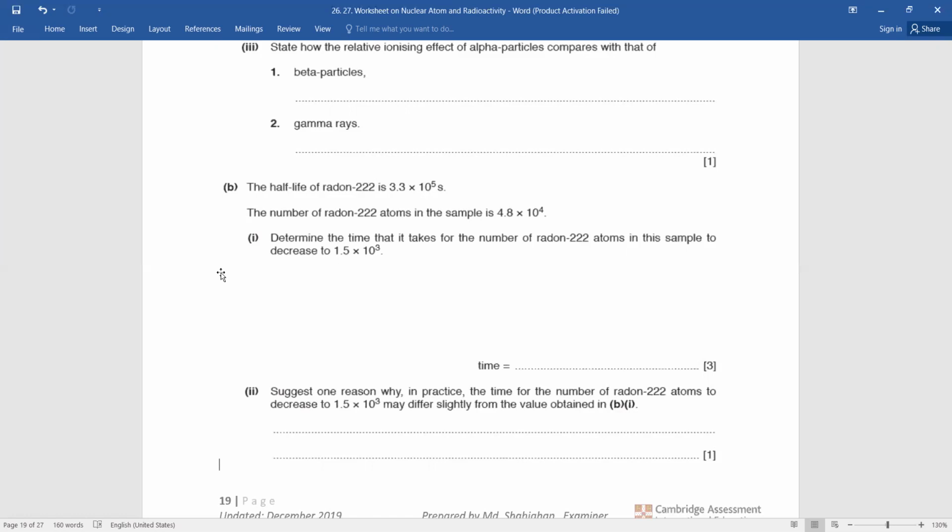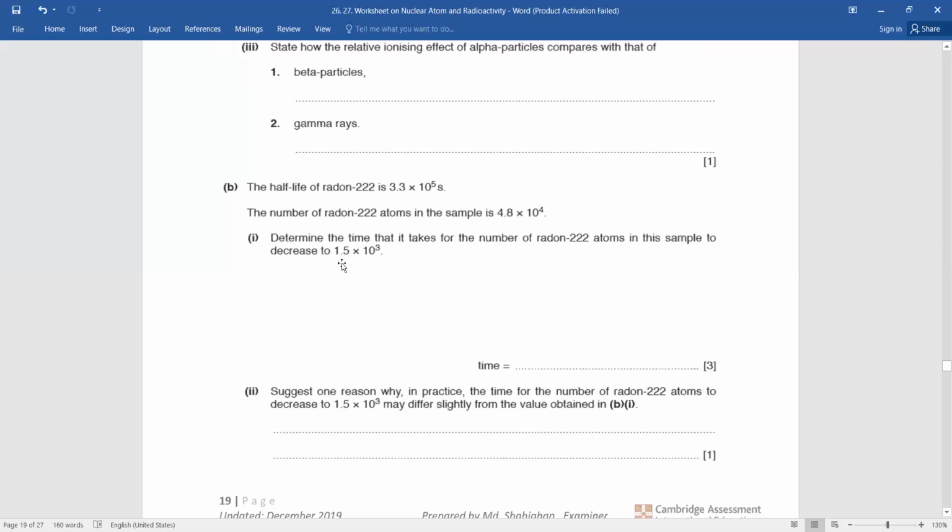So it is one of the definitions that we said, that the number of nuclei or number of atoms can be halved. That is also half-life, right? So here we have no unit. Now you see the sample decreased to 1.5 into 10 to the power 3. You can write 4.8 as 48. 48 into 10 to the power 3 divided by 1.5 into 10 to the power 3, so it will be 48 by 1.5.